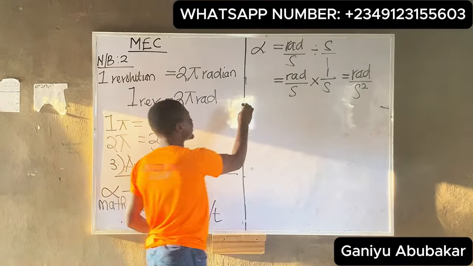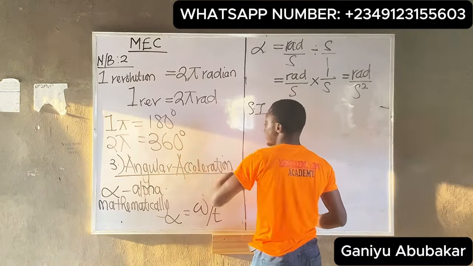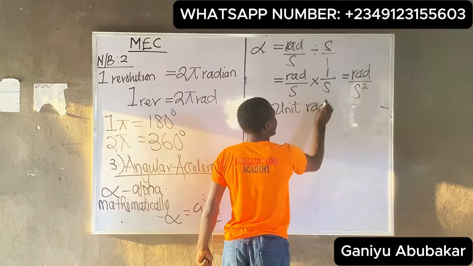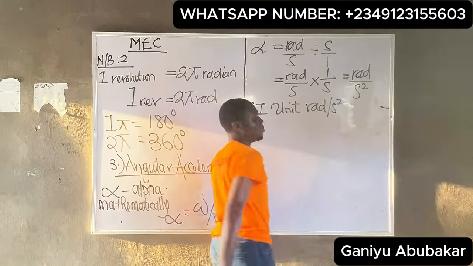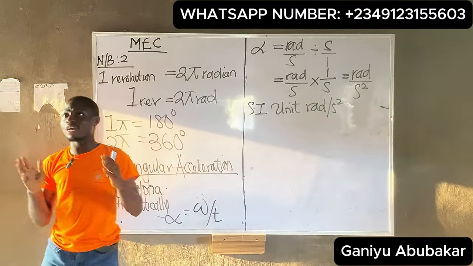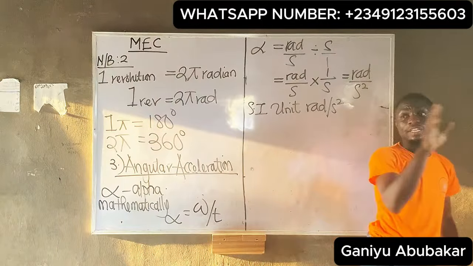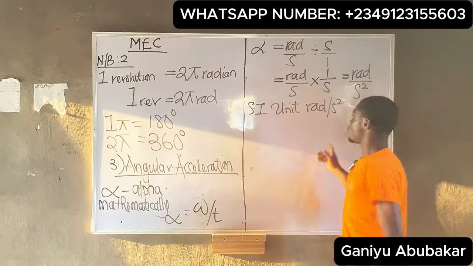So know that the SI unit for angular acceleration is rad per second squared. Very important. It's easy. First one was rad. Second was rad per second. And the third, rad per second squared.